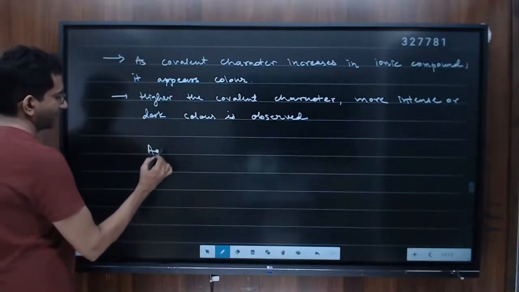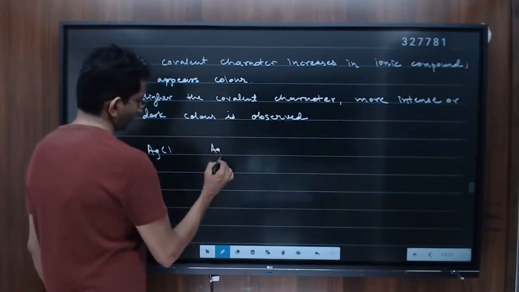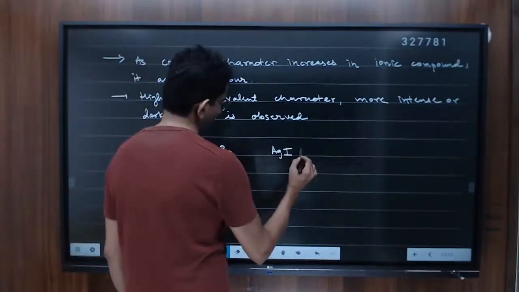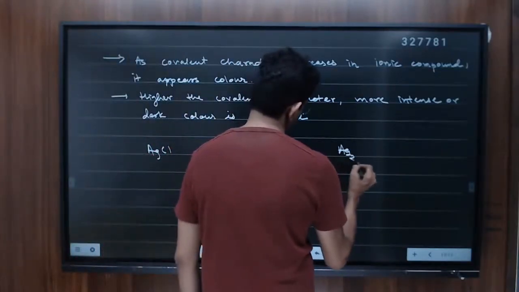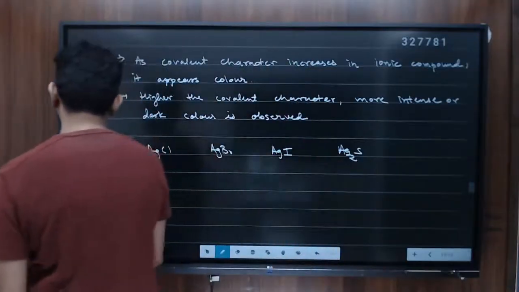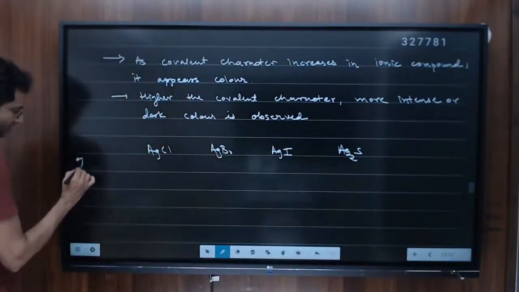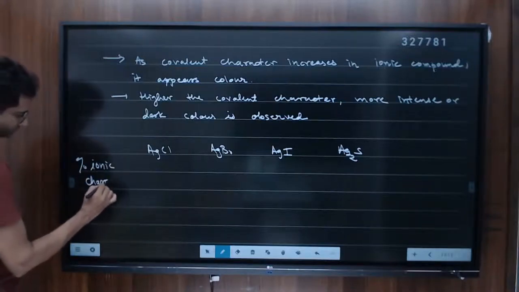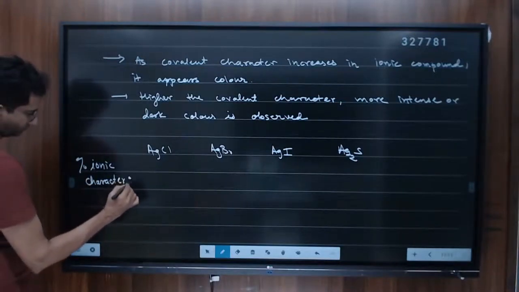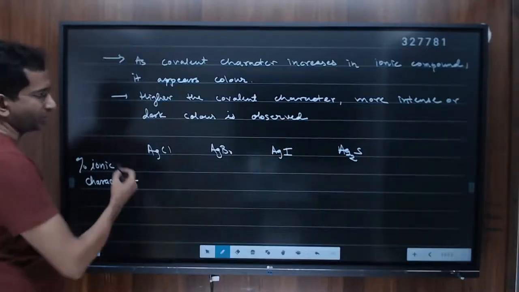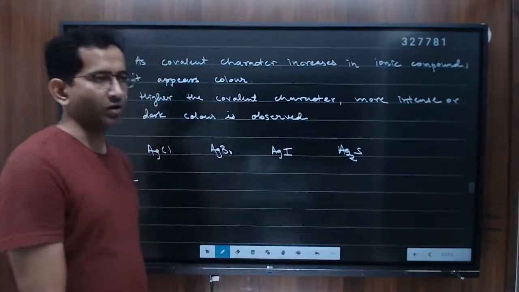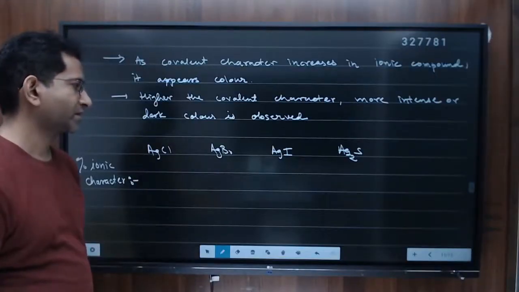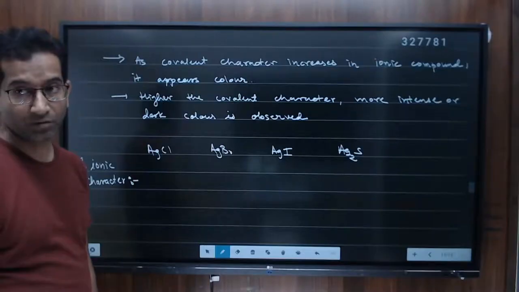Let me take AgCl, AgBr, AgI and Ag2S, and their percentage ionic character. I hope you can understand. In all of these the cation is only Ag+.